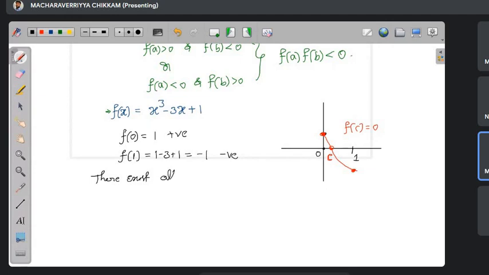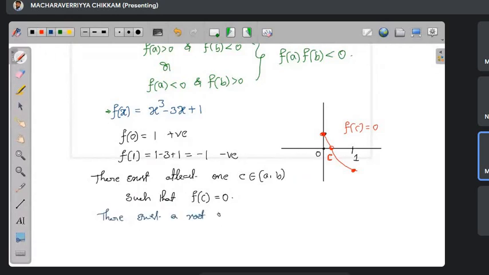at least one c which belongs to the interval a comma b such that f of c equals 0. In other words, simply we can say that there exists a root of f of x in the interval 0 comma 1.